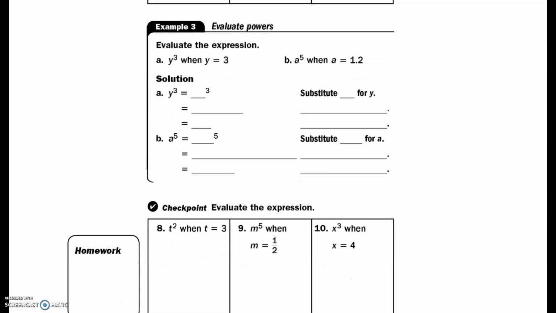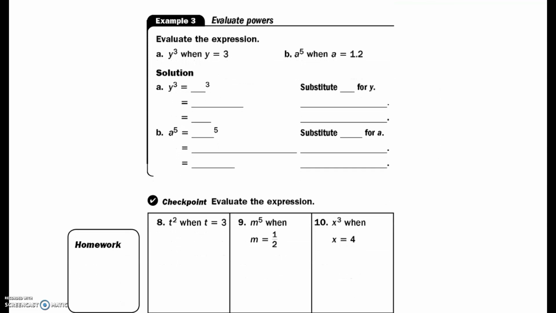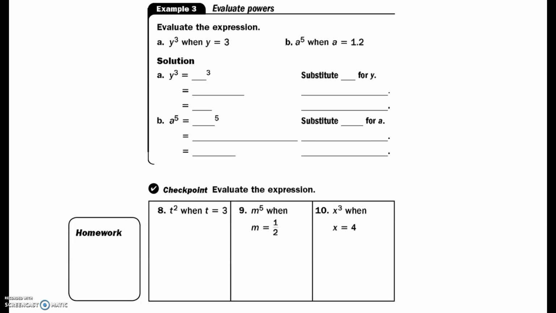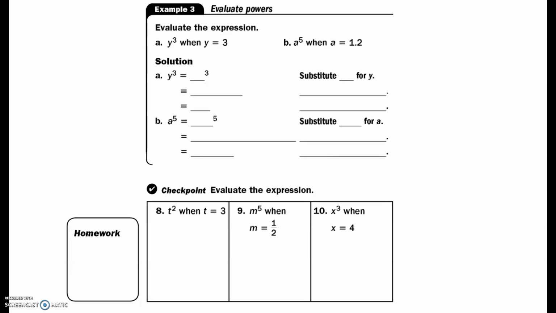At the bottom here, we are evaluating the expression. So you have y to the 3rd when y equals 3. So what this means is we are going to plug in a 3 for y, and we are to write out the factors.